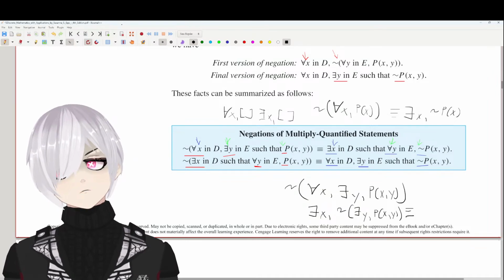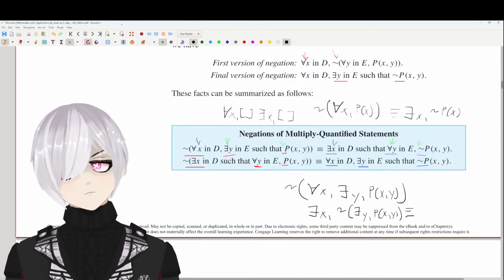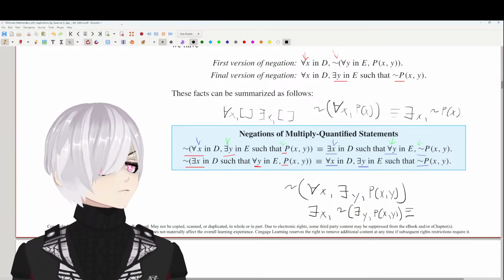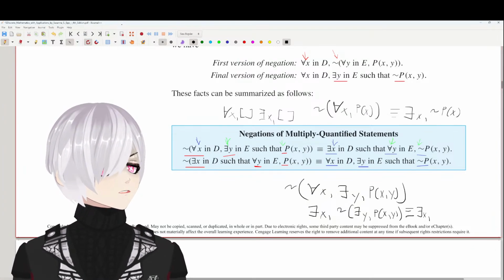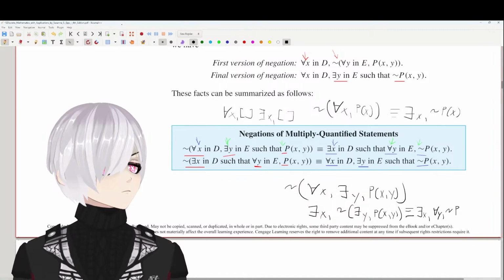And when we negate its scope, we're negating a quantifier, so we can simplify it further. So we would change that quantifier to the other kind and then negate its scope.